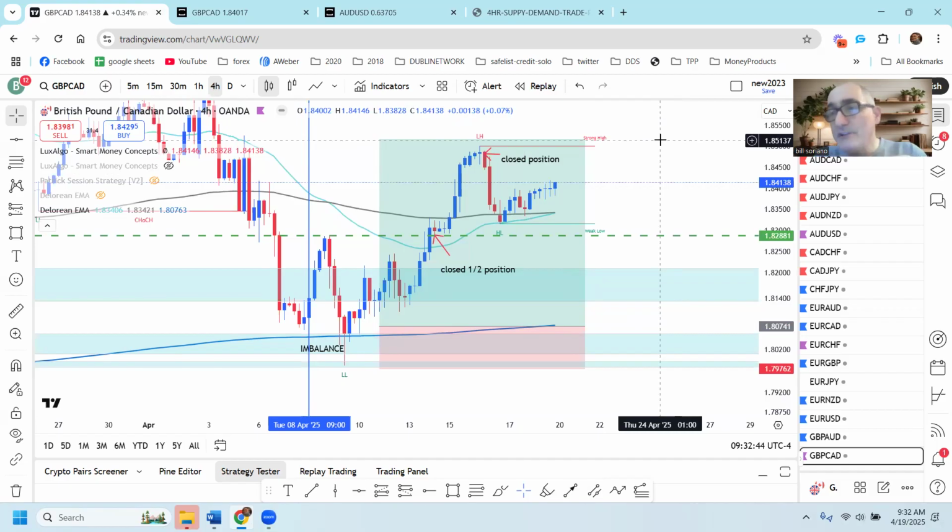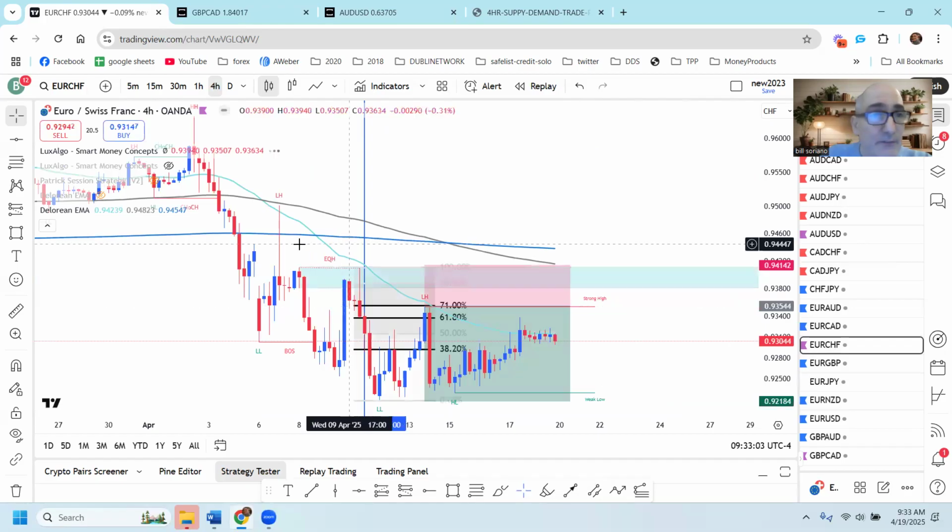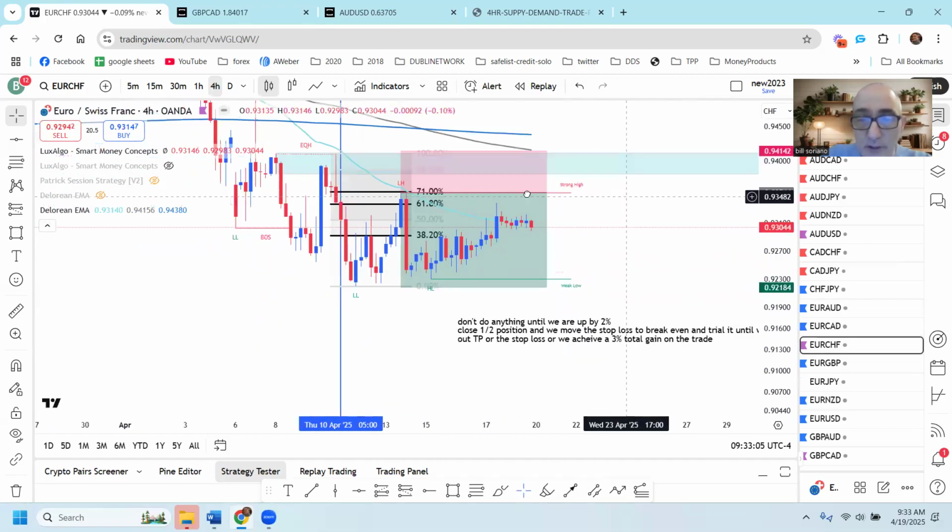And then I showed you the EUR-CHF trade, which was a good trade as well, but you would still be in it after closing half the position with that take profit, the 1% gain because you closed half the position once you're up 2%. Okay, so that's the new thing that I wanted to show you.